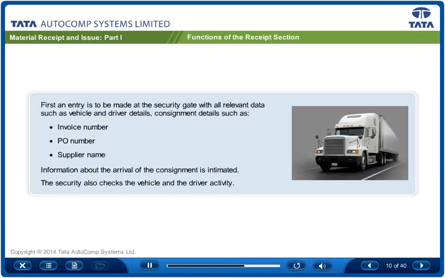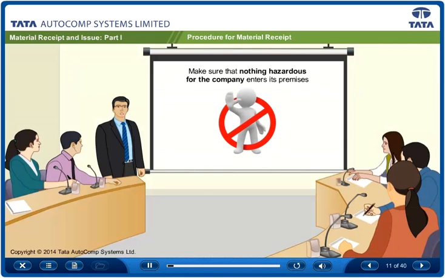The security also checks the vehicle and the driver for any objectionable item or activity. These might include the condition of the vehicle, state of the driver, regulatory clearances of the vehicle, etc. All this is to make sure that nothing hazardous for the company enters its premises.